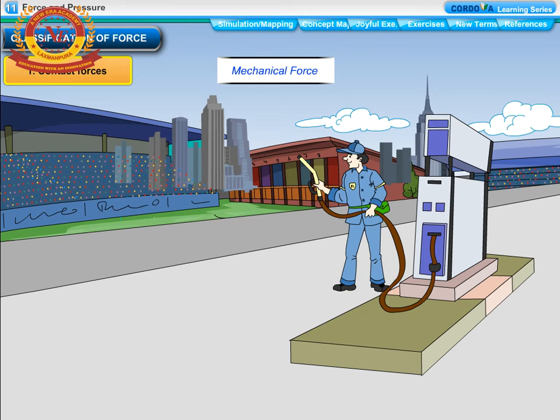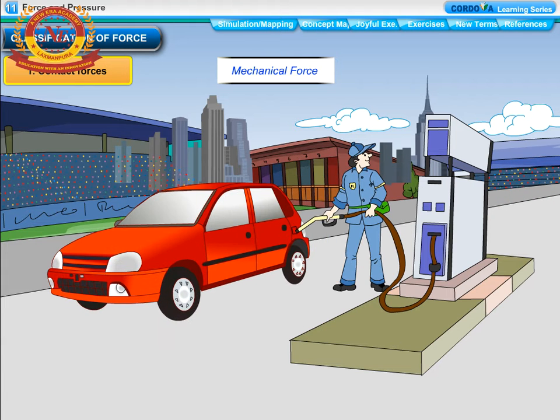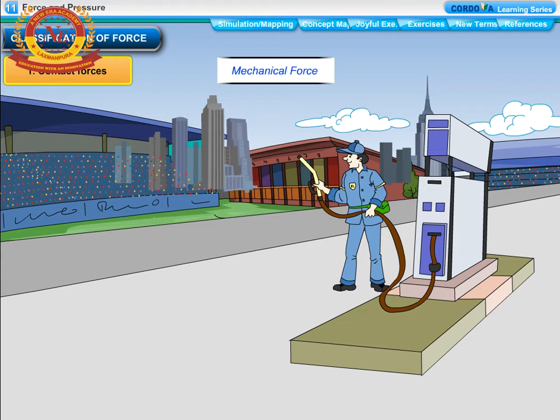Mechanical force. A car can move only when its wheels are made to move. The force exerted by the car engine to move the wheels is the mechanical force. A car engine burns petrol or diesel or CNG to generate mechanical force.